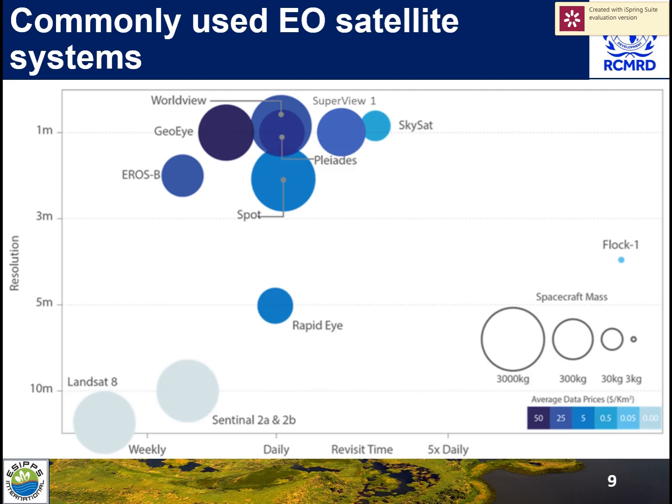For Landsat 8, sorry, you'll find that it has both poor spatial resolution and a high temporal resolution, because weekly is higher compared to hourly or daily in terms of temporal resolution or revisit time.